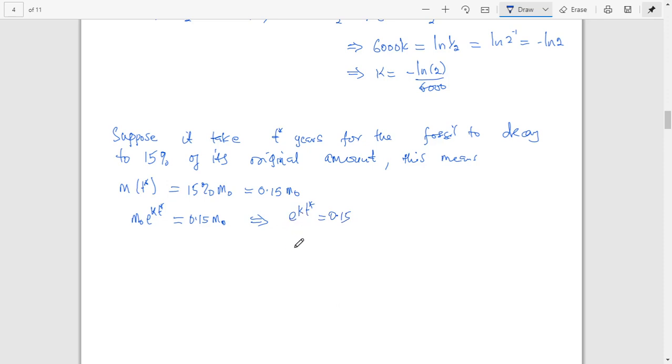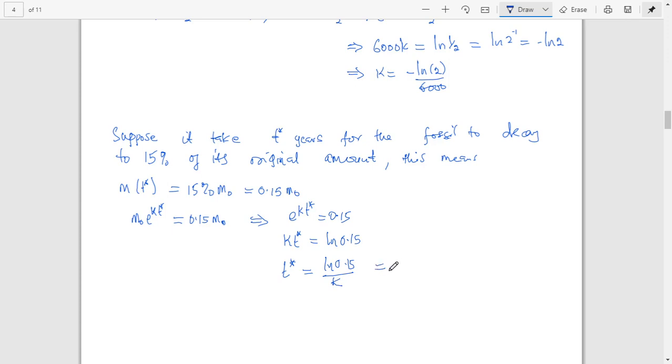To find what my t star is, we already have our k. I'm going to take the natural log of both sides. If I do that, I get that k t star is equal to ln of 0.15. That means that my t star is going to be equal to ln of 0.15 divided by k.